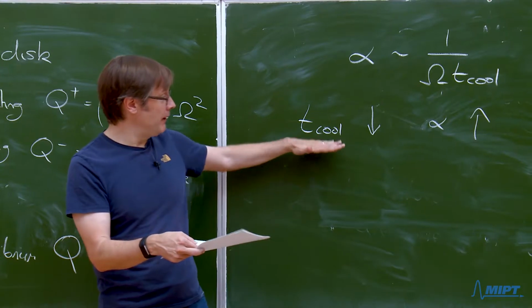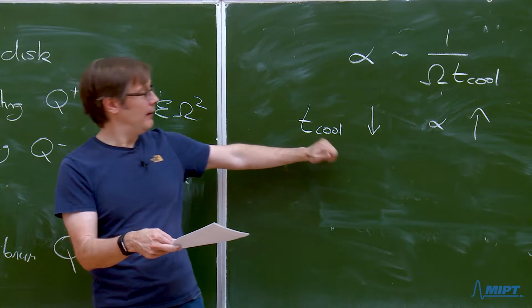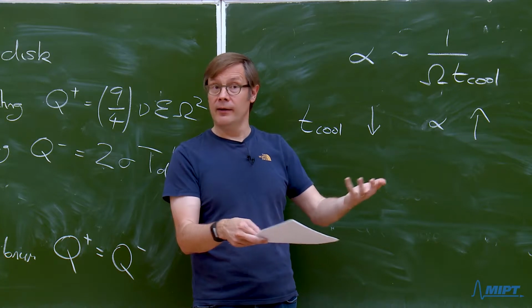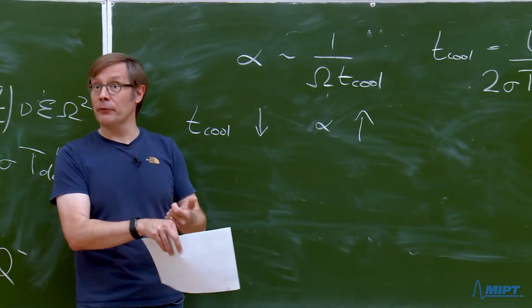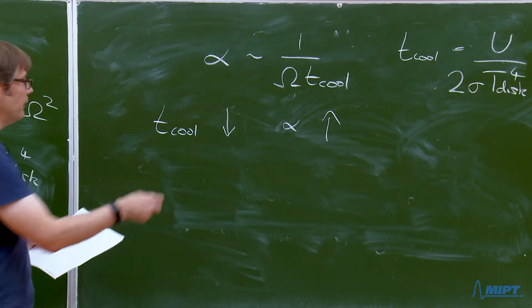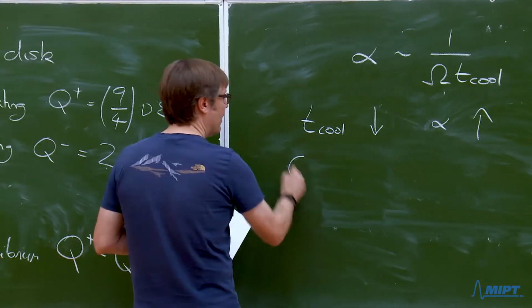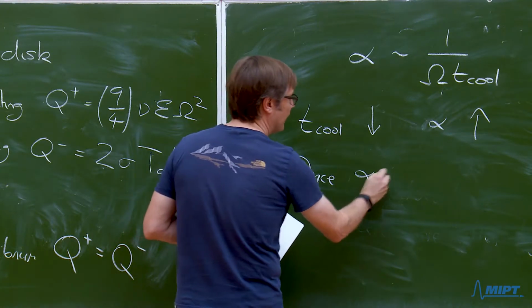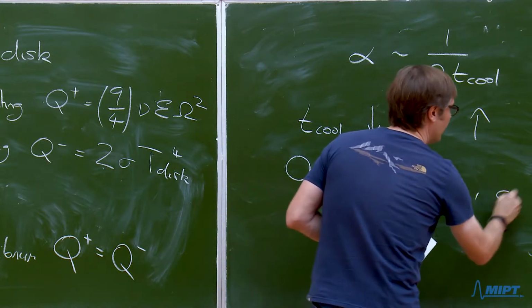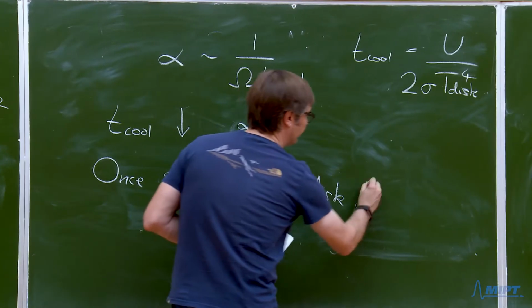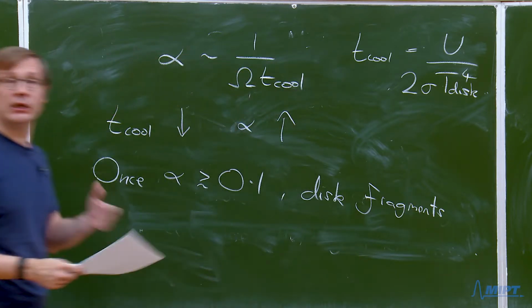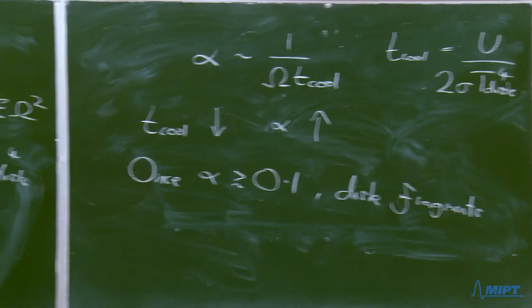What tends to happen is if you make T cool small enough, and alpha therefore becomes large enough, those perturbations become so strong that the gas would collapse into bound objects rather than simply remaining as spiral arms. What is found in simulations is that once alpha exceeds about 0.1, the disk fragments and breaks up into bound structures.